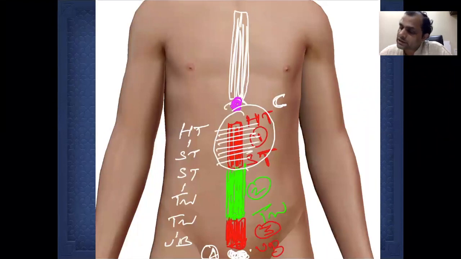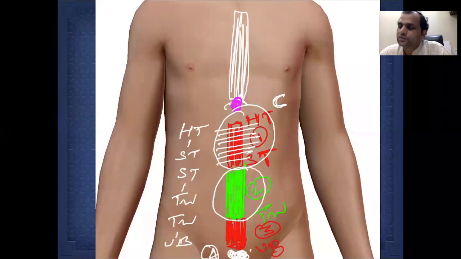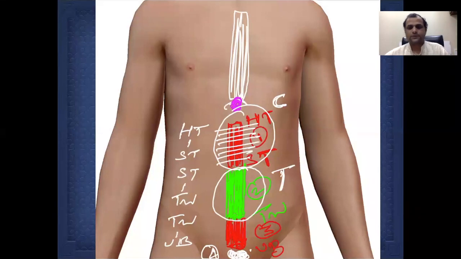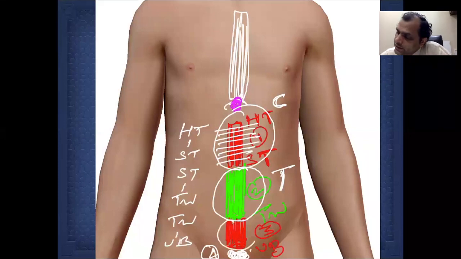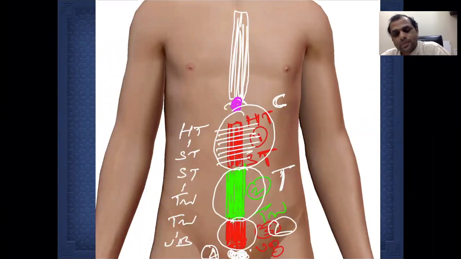The second area represents the thoracic spine, or upper and middle back. If this area is tender and painful, it is a condition of any pathology, any problem in the thoracic spine. And the third area represents any problem in the lumbar spine. And the fourth and final area represents the condition in the sacral spine.